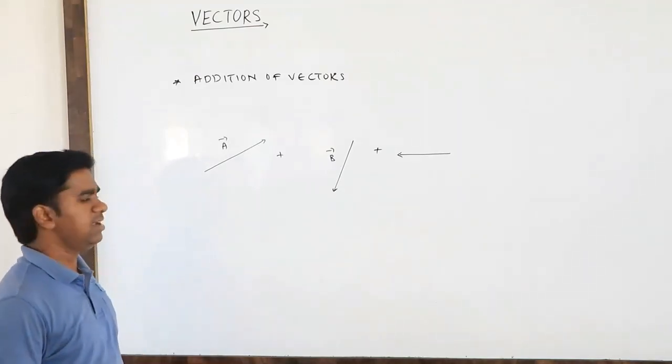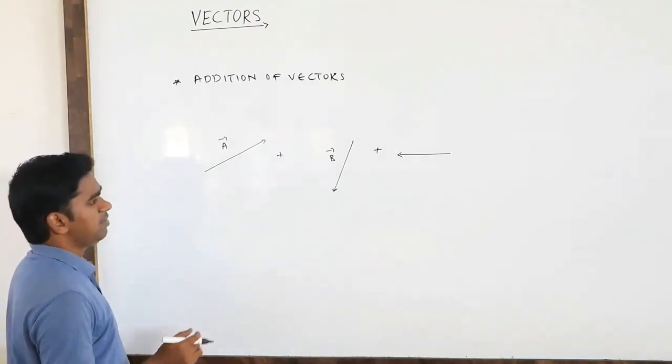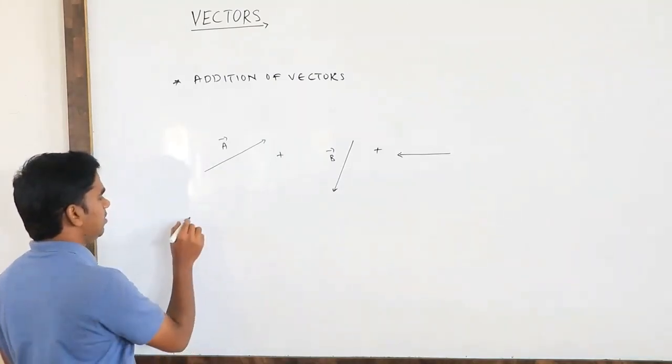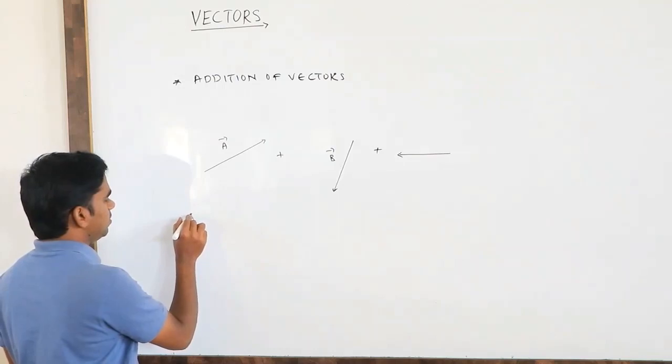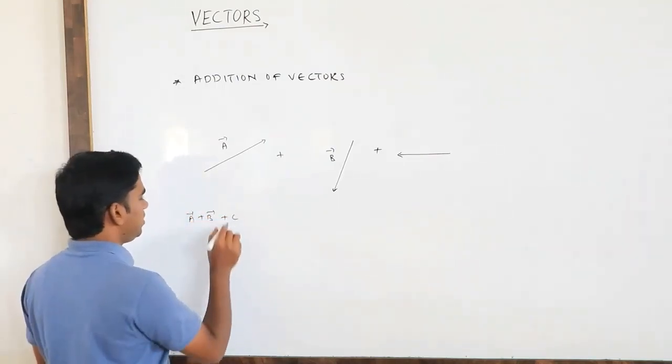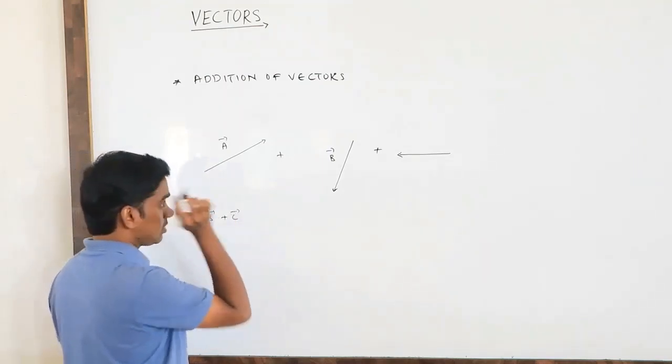So we have to add these three, and we can add them in many ways. First I will show you how to add A plus B plus C directly by drawing the vectors.